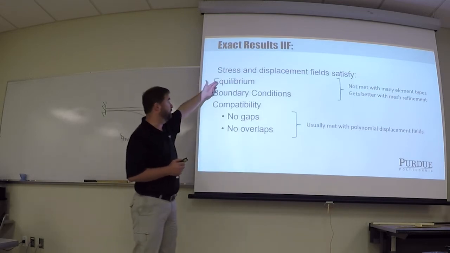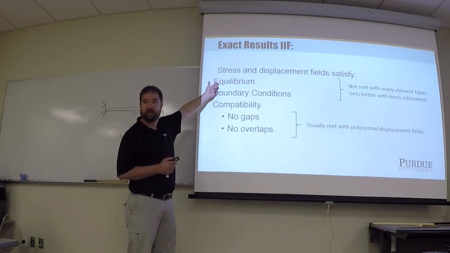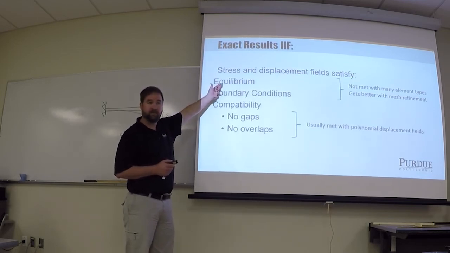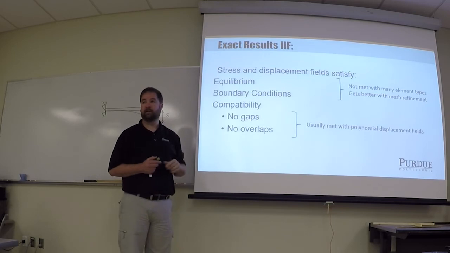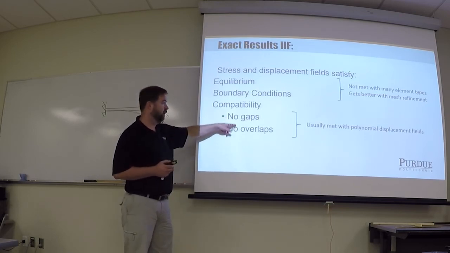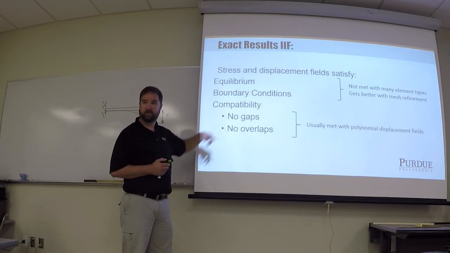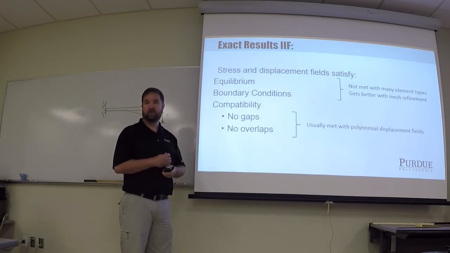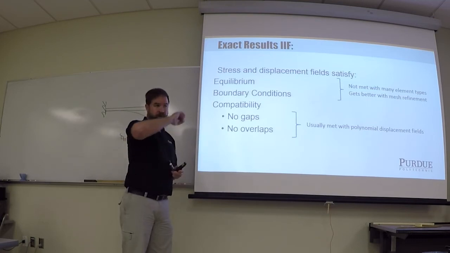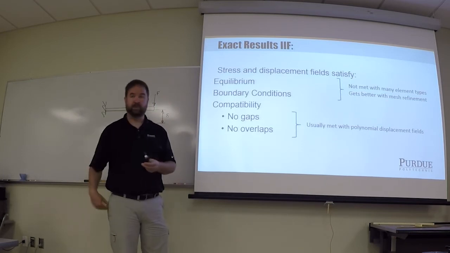What usually happens is the equilibrium is not perfectly maintained, and if it's not, then we're not going to get exact results. Likewise, our elements may have some overlaps and some gaps. The mathematical creation of the mesh is not completely perfect.